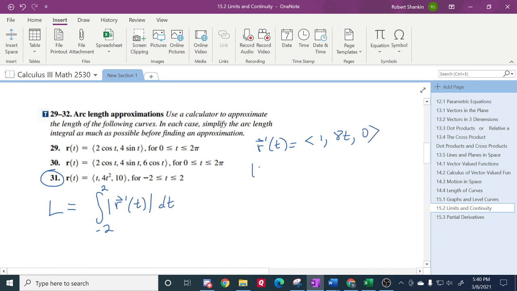So the magnitude of r prime of t is the square root of the sum of these things squared. We get this. And so this is going to be this integral. I'm going to write it like this.